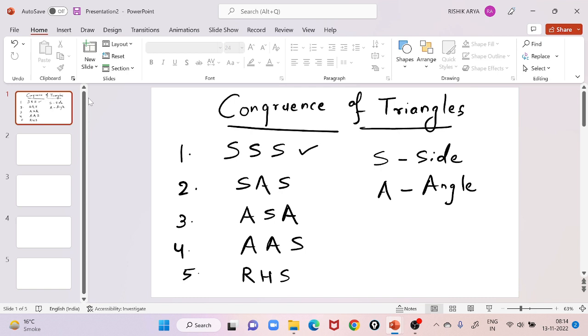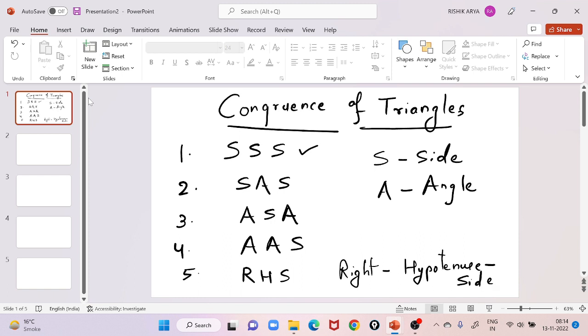These 4 criteria will get understood by these two only, and the last one is RHS. Again S is side here, R means right angle, and H stands for hypotenuse, and S again means side.